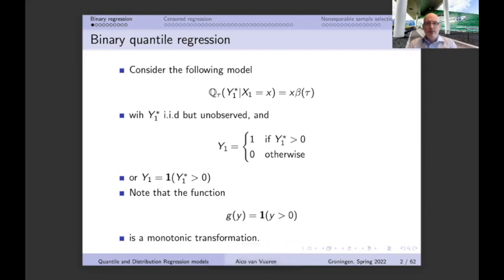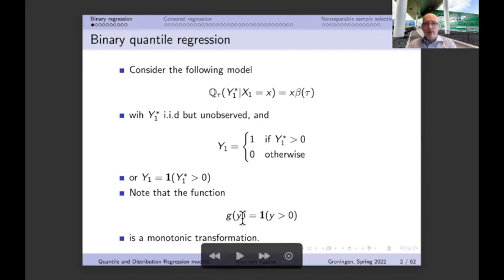But there is a benefit of writing it in this form that we have over here. The reason behind that is that if we write it in this form, we could actually also represent the right hand side in terms of a function. We could introduce the function g(y), which is nothing else than the indicator function that indicates that y must be larger than 0.